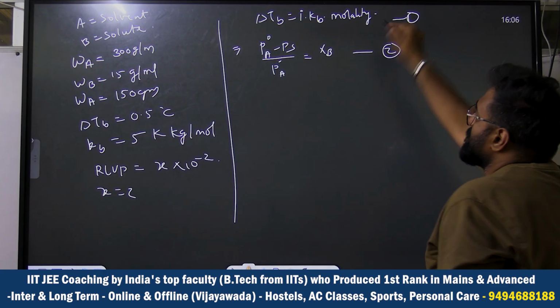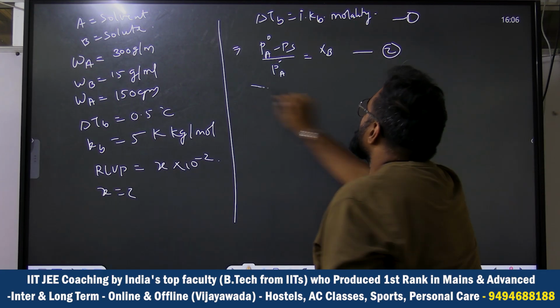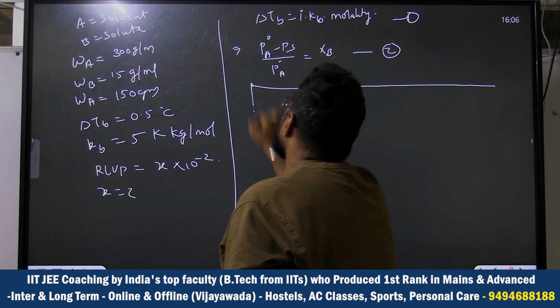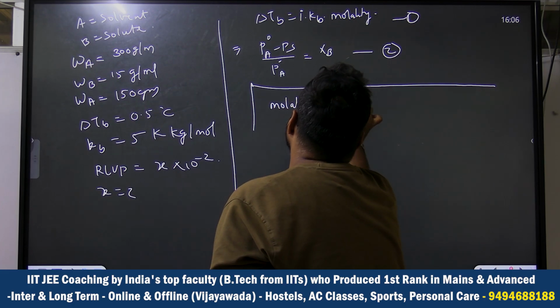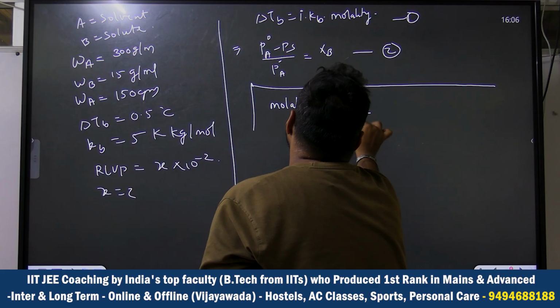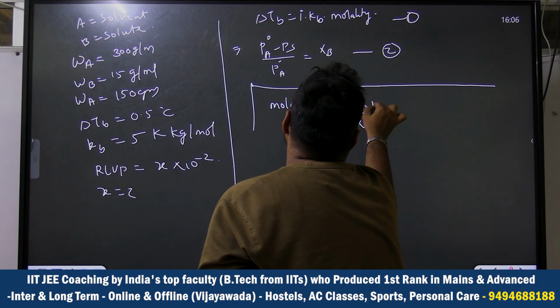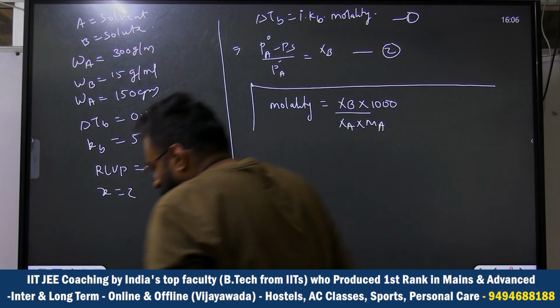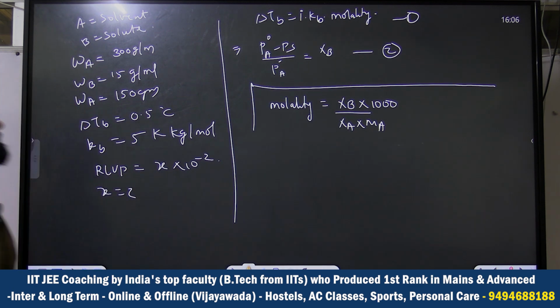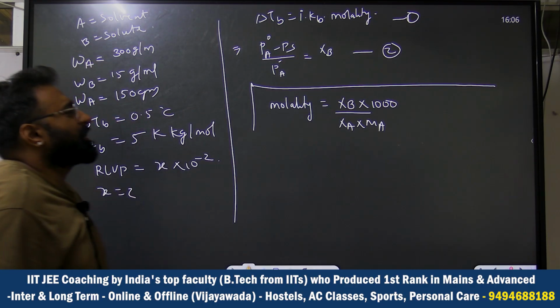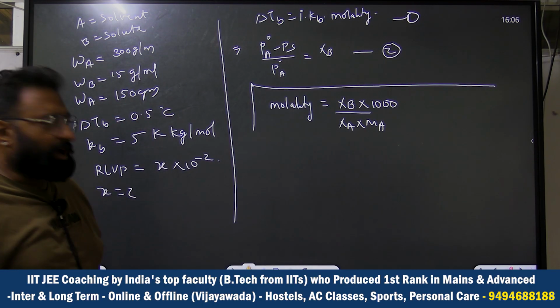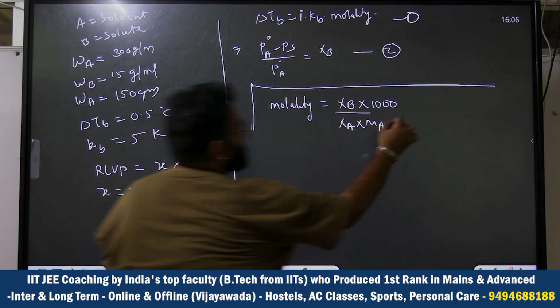Now, if we are using this formula, then you have a relation: molality is equal to XB by XA into 1000 by MA. Remember this relation. We will use this relation.